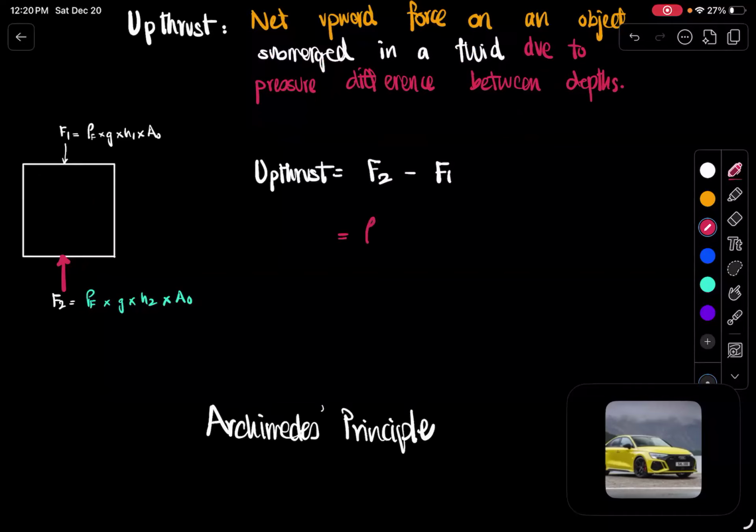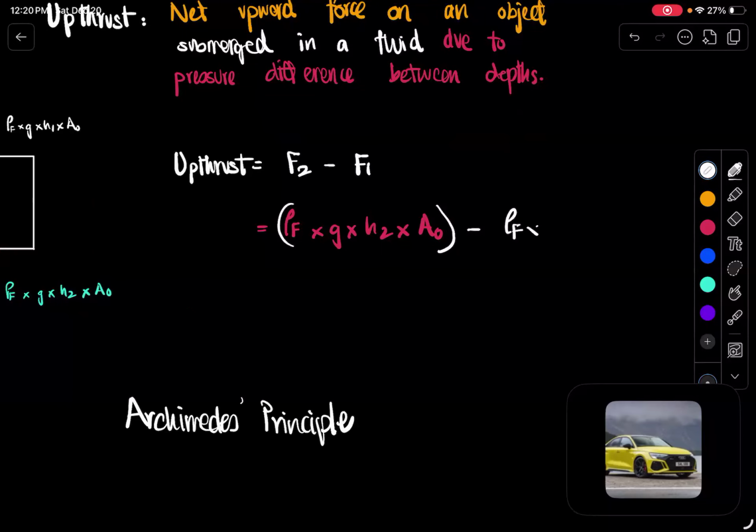Now, what is F2? That is density of fluid times g times h2 times A naught, minus density of fluid times g times h1 times A naught.